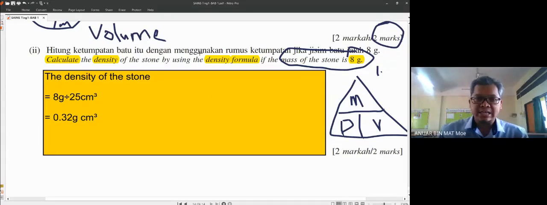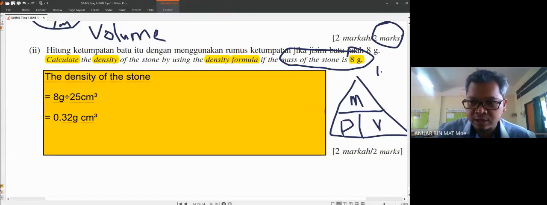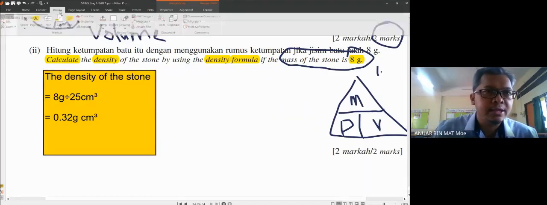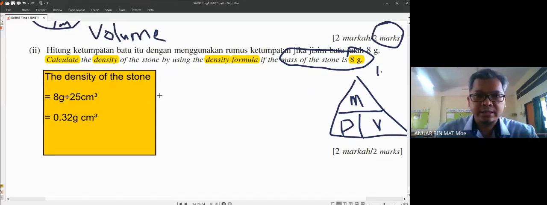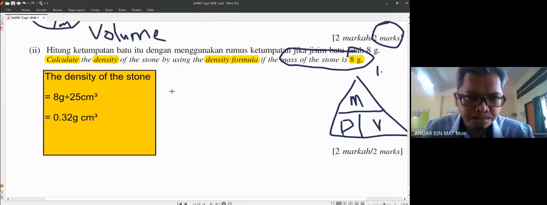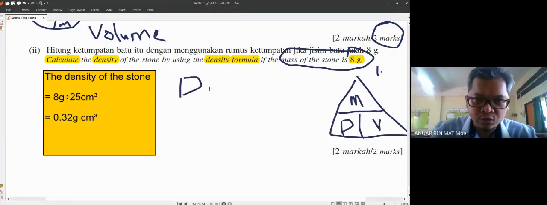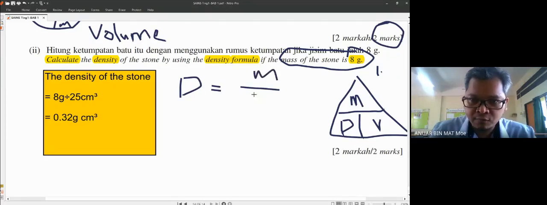Okay, again, I will write it again. Density is in gram per centimeter cubic. According to the formula, density is mass over volume.